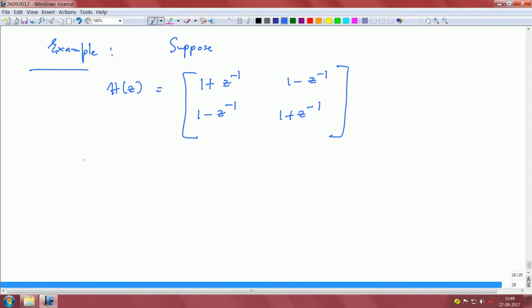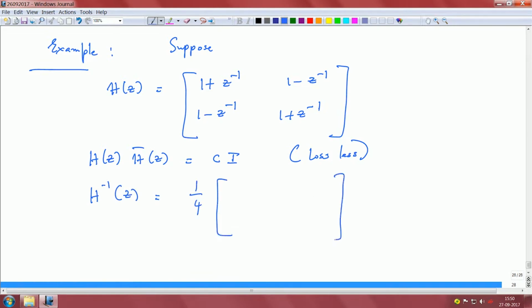Now H of z times H bar of z should be some C times identity for lossless conditions. If you expand H inverse of z, this is routine algebra, you could do this. It is 1 by 4, 1 plus z, 1 minus z, 1 minus z, and 1 plus z.